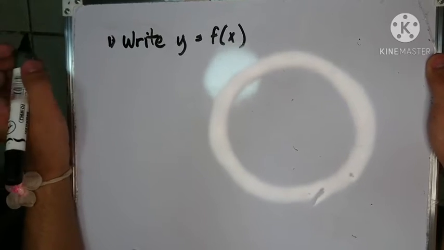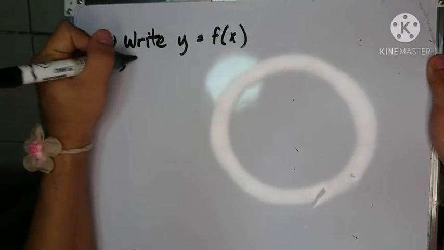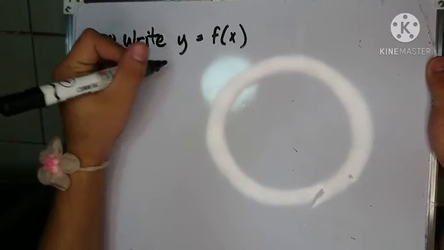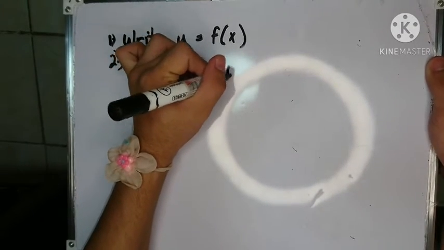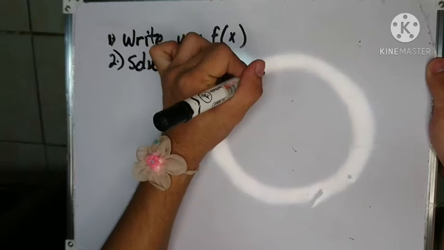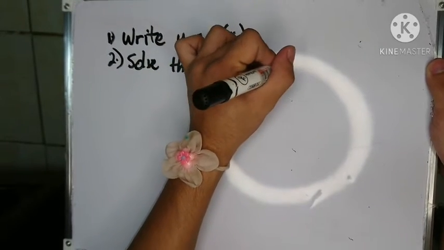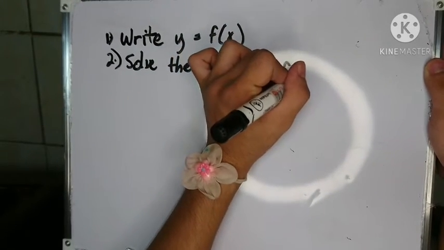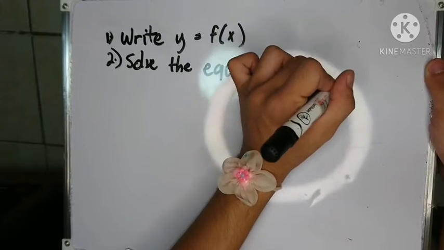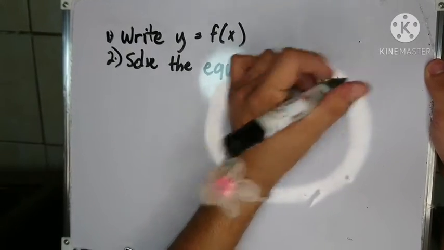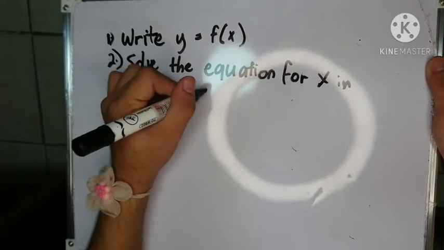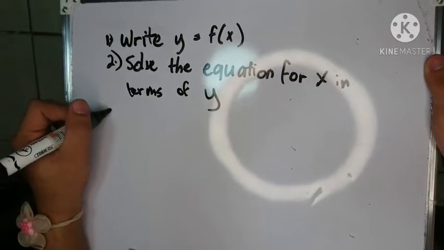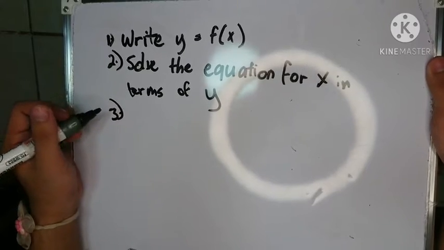The second step is to solve the equation for x in terms of y. So that should be our step 2.